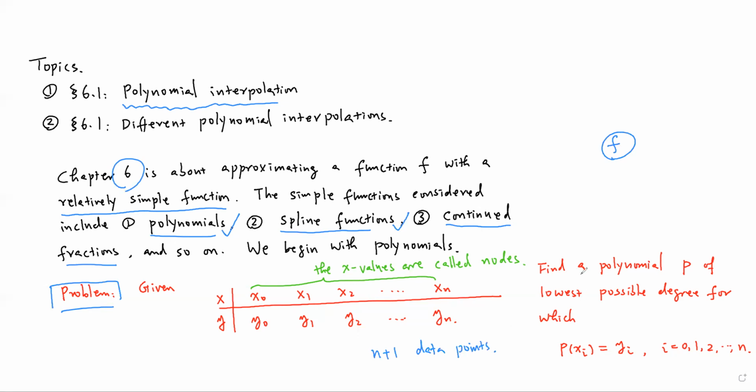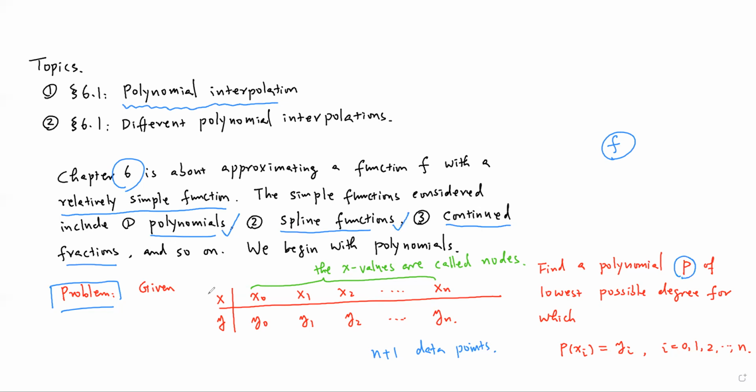We want to find a polynomial. Let me call that polynomial P. This polynomial has the degree as low as possible, such that P passes through all the data points. This is the problem that we want to solve.